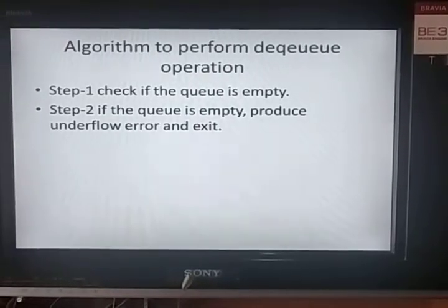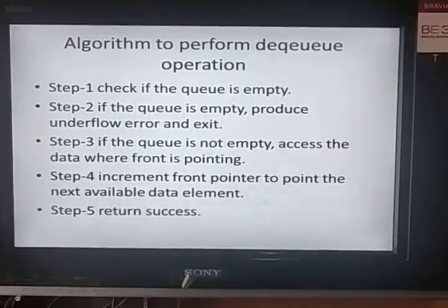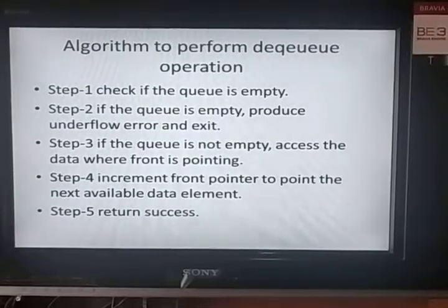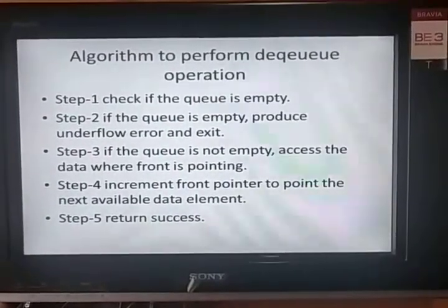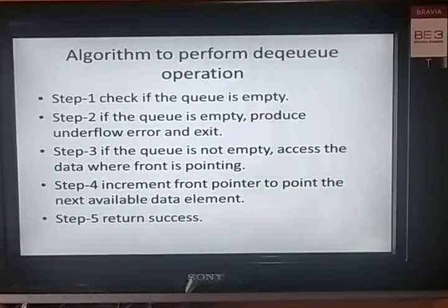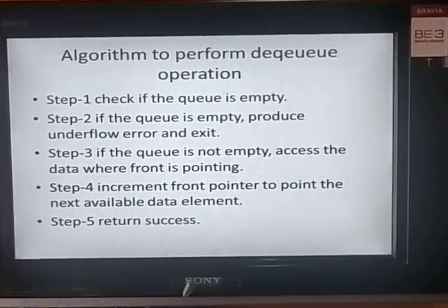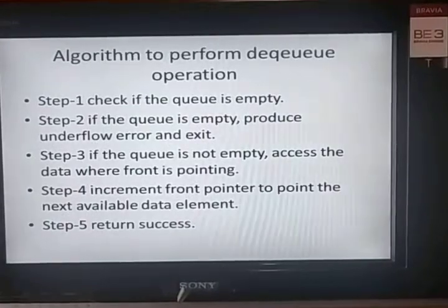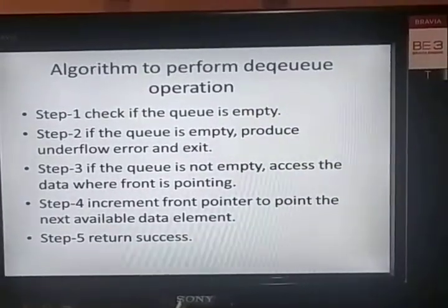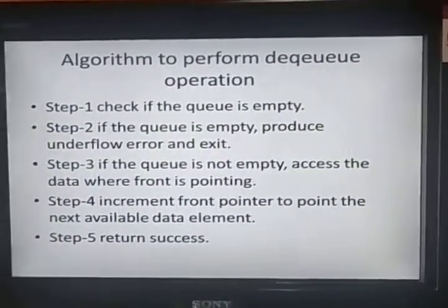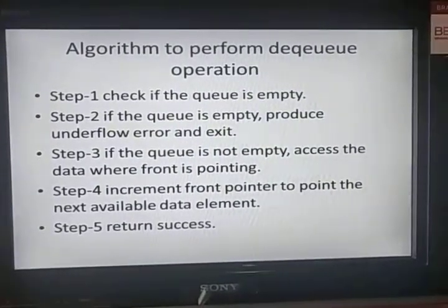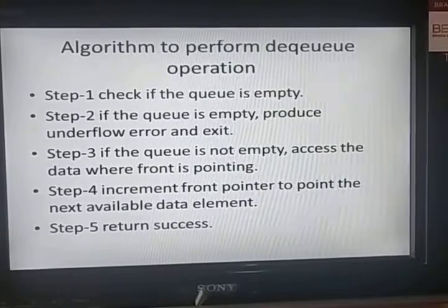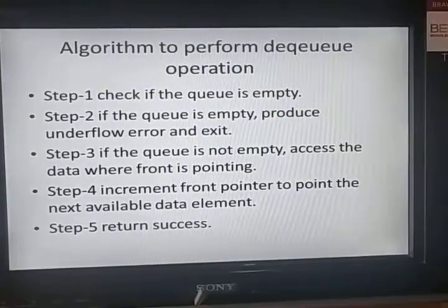In step 3, if the queue is not empty, then access the data where front is pointing. We have to access the data from the front position, because deletion always takes place from the front end and insertion always takes place from the rear end.